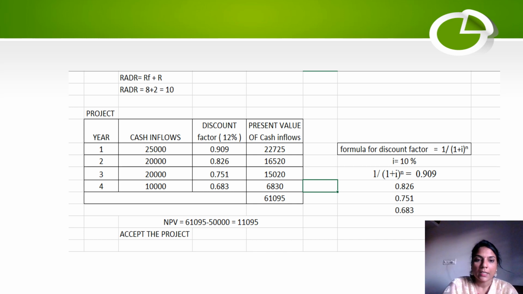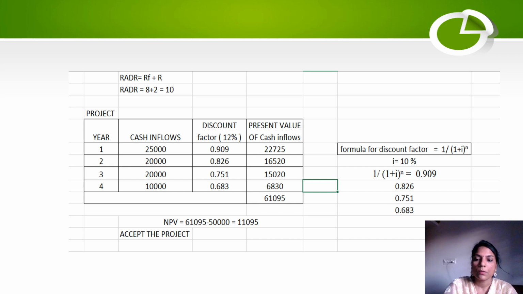So in this problem they have given the risk-free rate of return as 8% and the risky return as 2%. As per this approach, your RADR will be 8 plus 2, a total of 10%. So the risk adjusted discount rate of return is 8 plus 2, that is 10%.